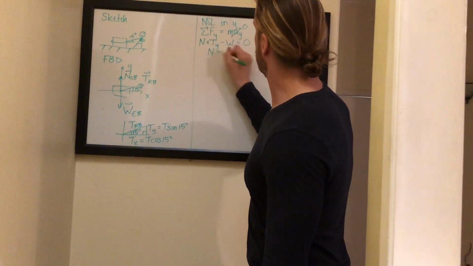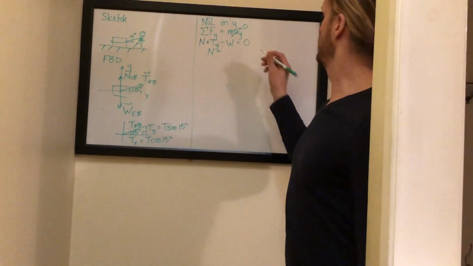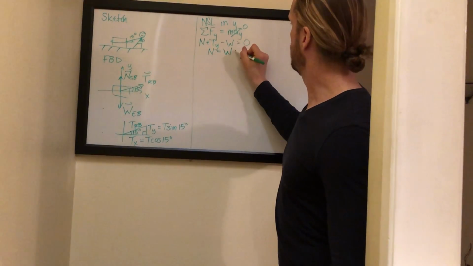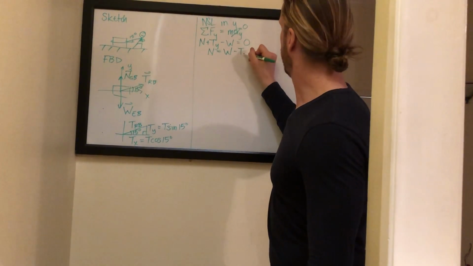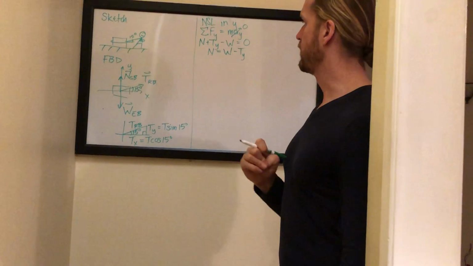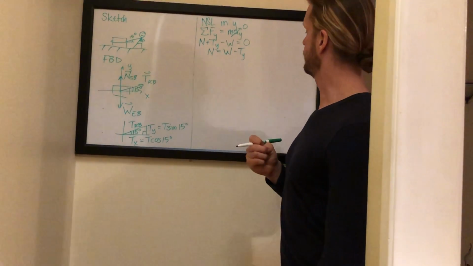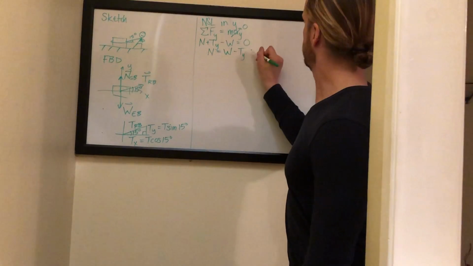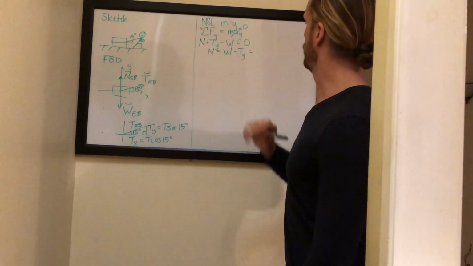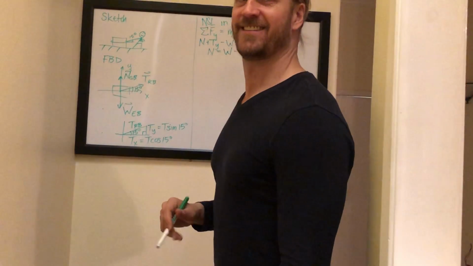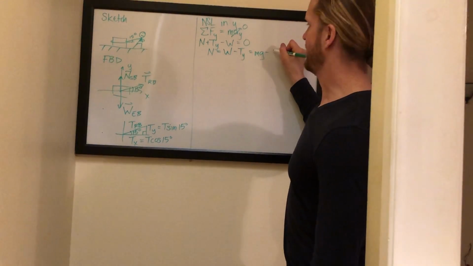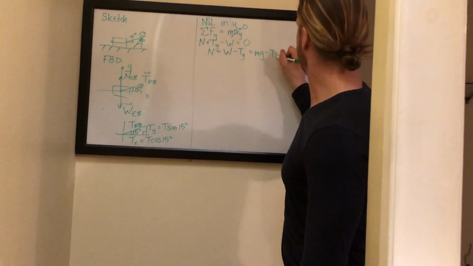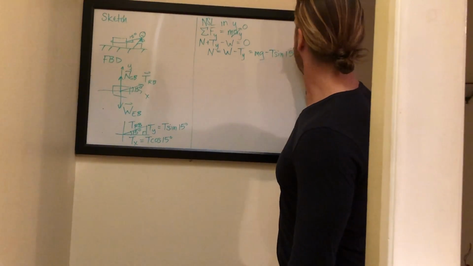So if you do a little algebra, you can see that the normal force equals gravity minus the Y component of the tension force, or mg minus T sine 15 degrees.